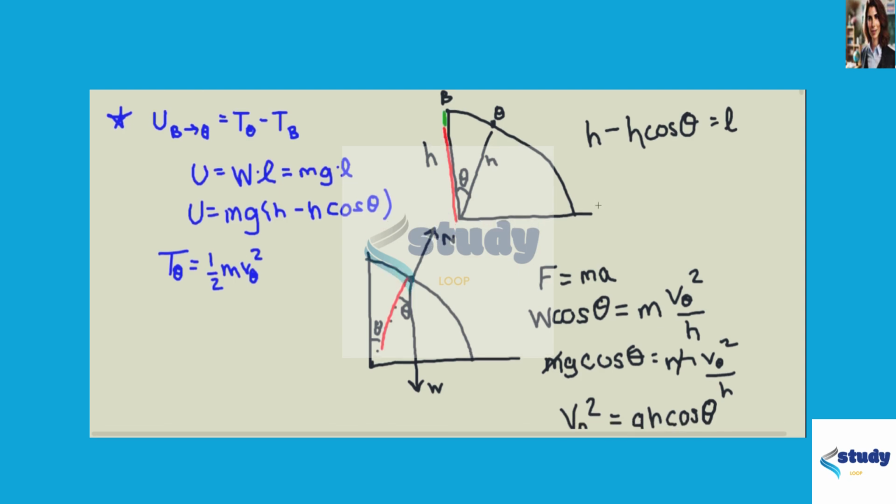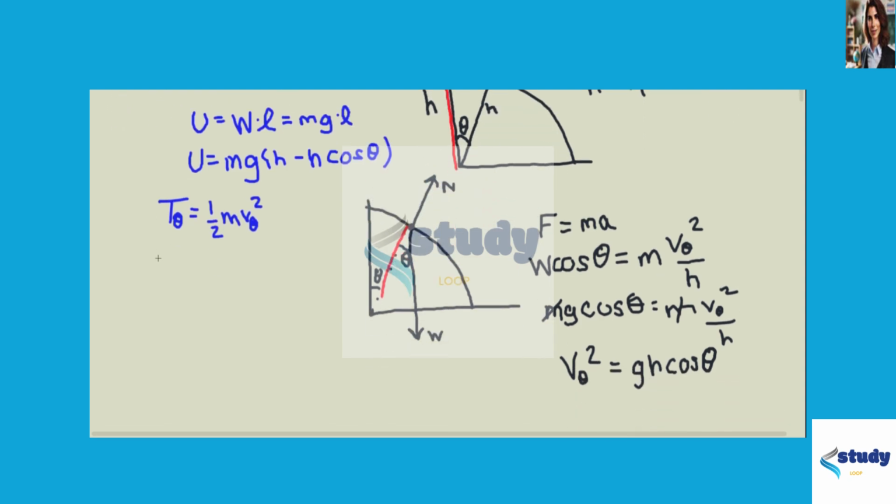So we have kinetic energy at theta is equal to 1/2 m v squared, which is gh cosine theta.